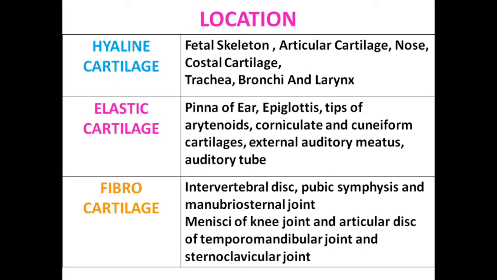And fibrocartilage is present in the intervertebral disc, the pubic symphysis, manubriosternal joint, menisci of the knee joint, and the glenoid labrum and acetabular labrum of the shoulder and hip joint. So these are the sites where the particular cartilages are present.